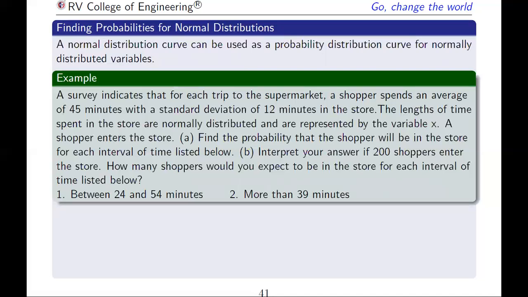So here it is given that a shopper spends an average of 45 minutes with a standard deviation of 12 minutes. That means mu value is 45, sigma is 12.